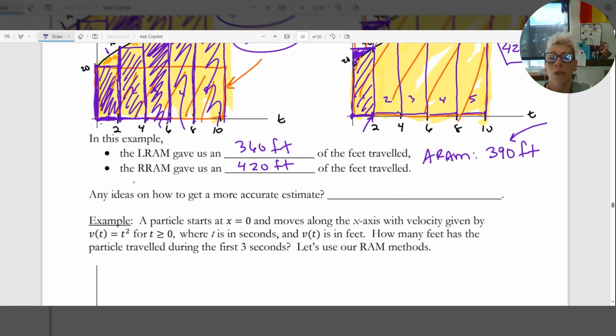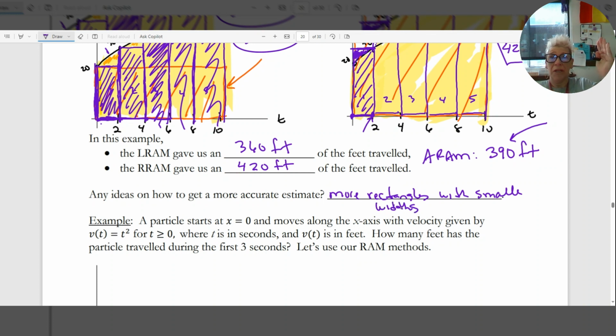All right, so what we wanted to get out of this video is how to get a more accurate estimate. Well, it's going to be by taking more rectangles with smaller widths.